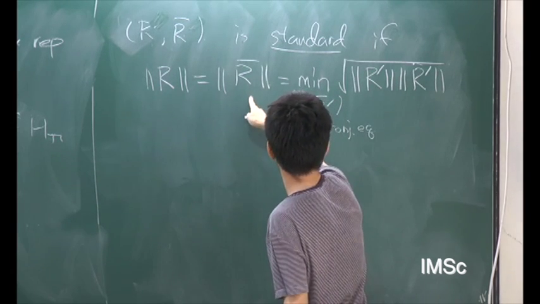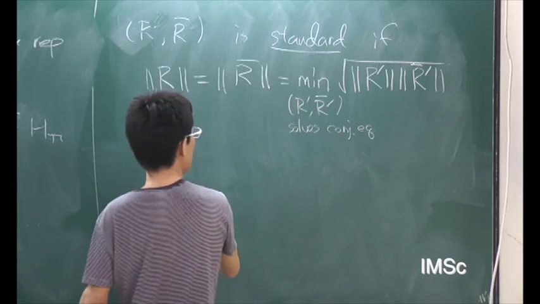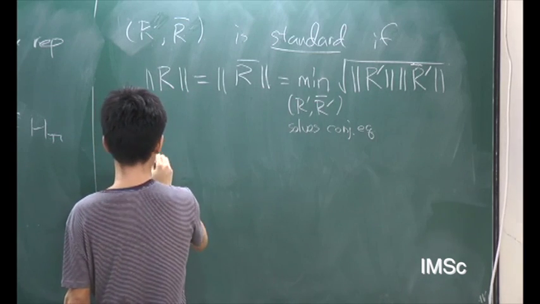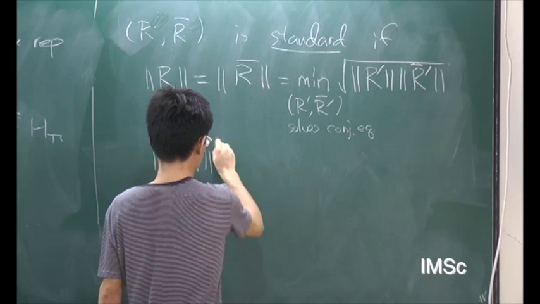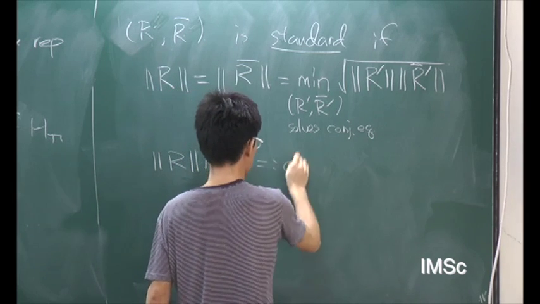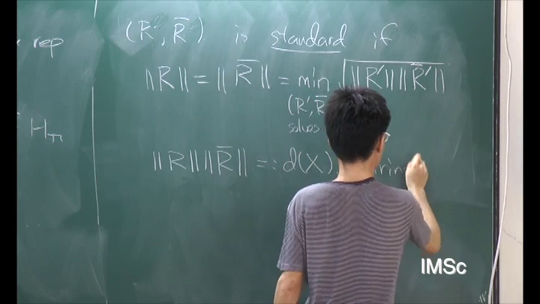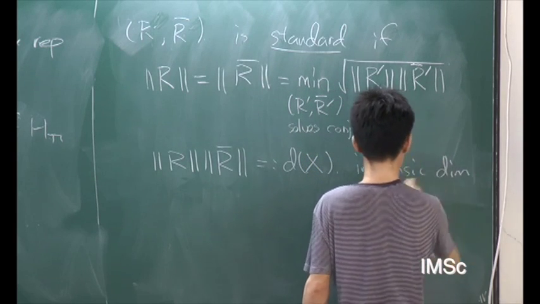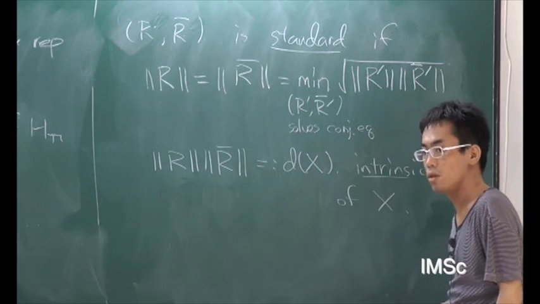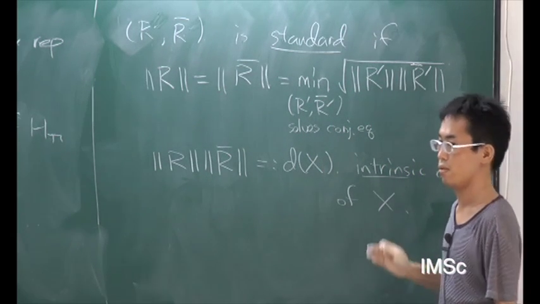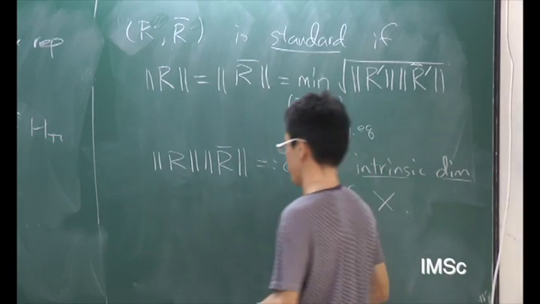R and R bar, yes, inside here's the bar. It's not obvious from this definition, but it's actually additive for direct sums and multiplicative for tensor products.